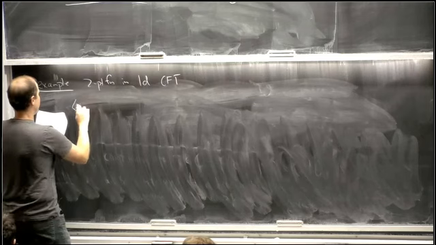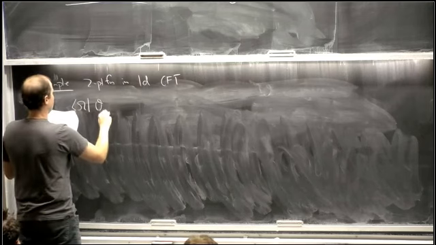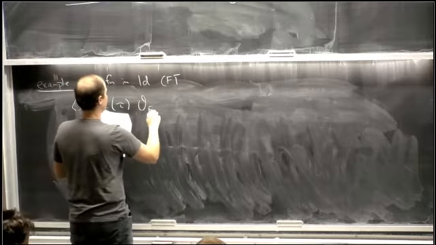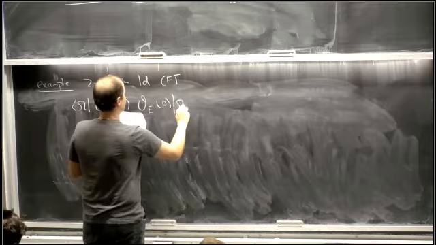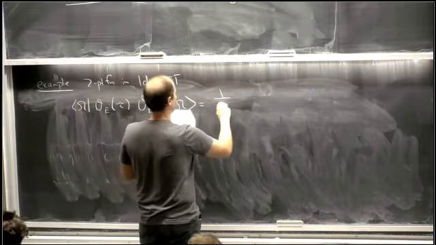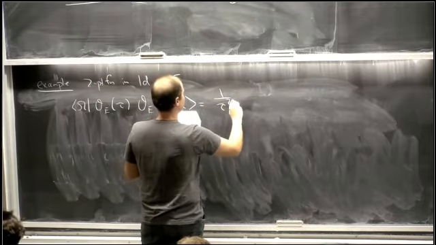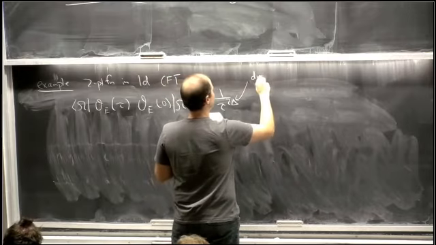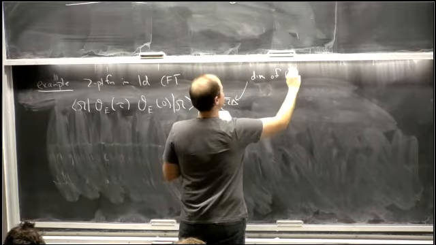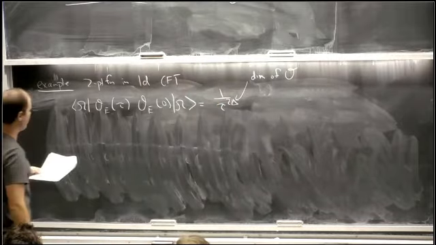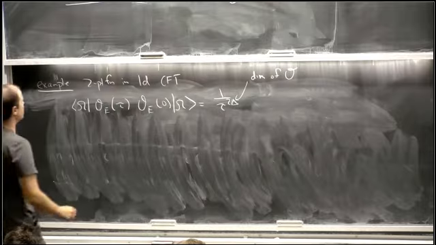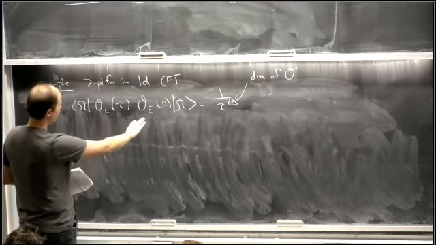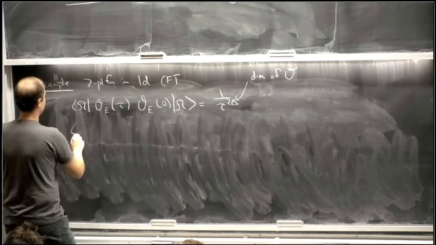So this is given by just a power of tau. This is a formula that I wrote earlier. It's fixed by dimensional analysis to be 1 over tau to the 2 delta, where delta is the dimension of O. And so the corresponding Wightman function is a boundary value of this holomorphic function.